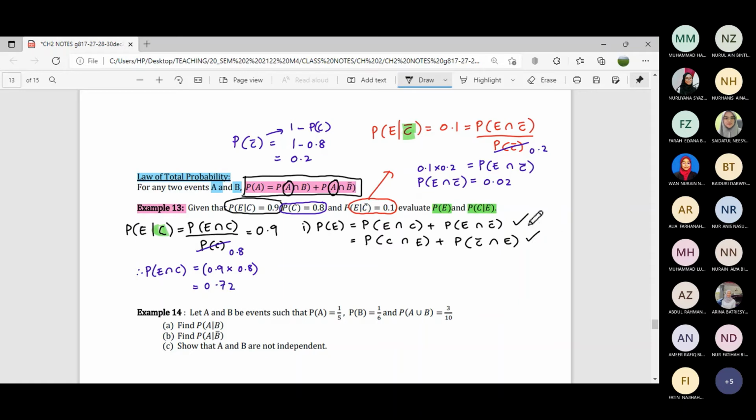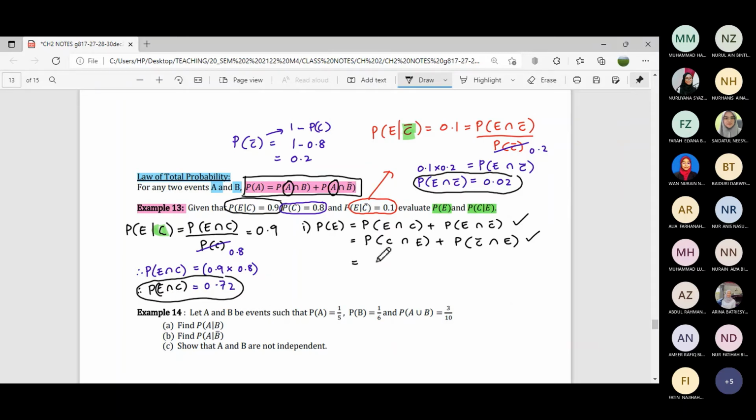Okay, so now tadi kan dah dapat jawapan ni, P(E silang dengan C bar). Dan lagi satu tadi pun dah dapat jawapan ni, P(E silang dengan C), 0.72. So you can do the addition.